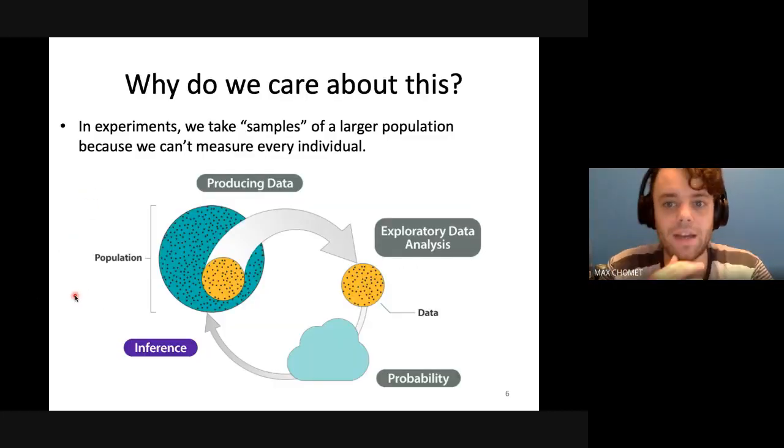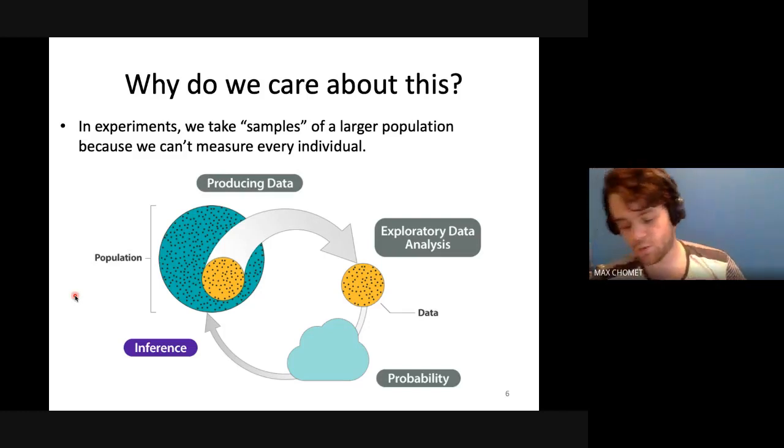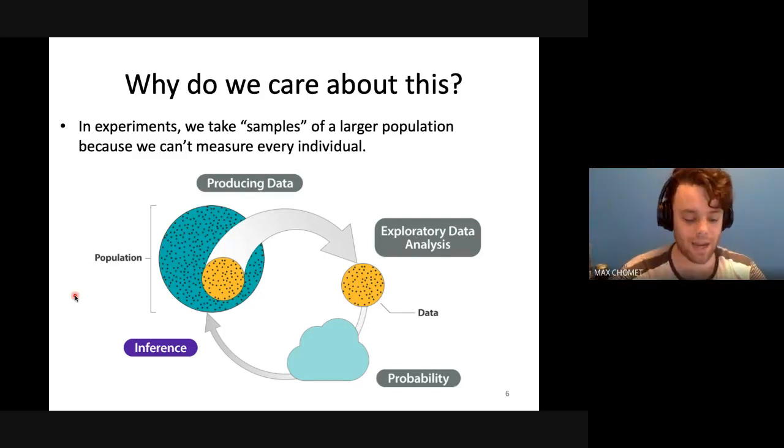Now, why the heck do we care about this at all? The reason we care about this is because this is how science works. In science, when we do experiments, we are always taking a sample, right? So for you guys who are doing the Stroop effect, your samples are going to be pretty small. For most of you, it's going to be people who are in your home, right?